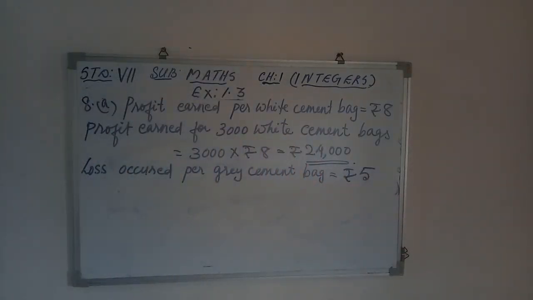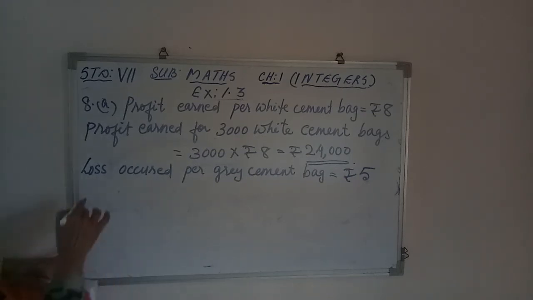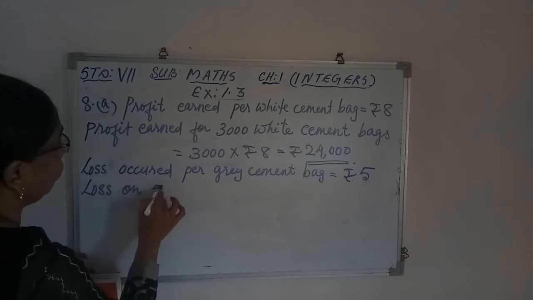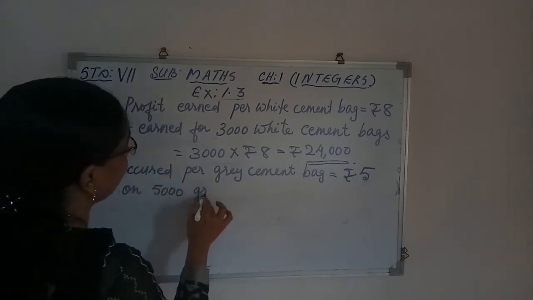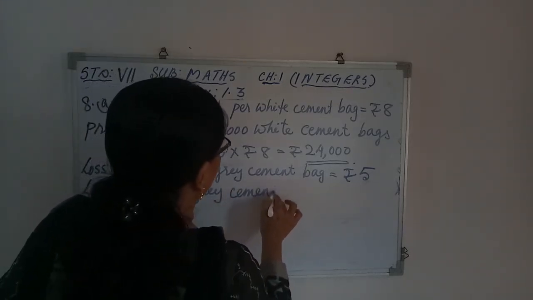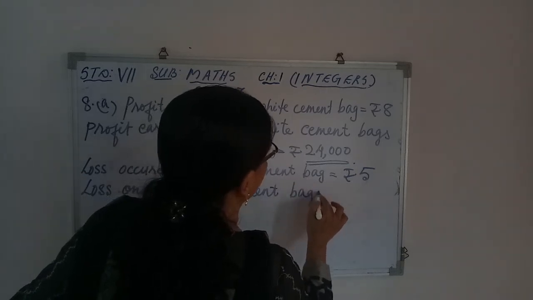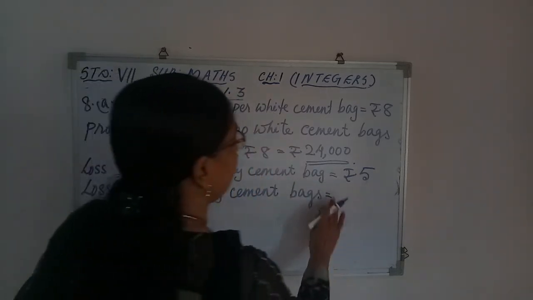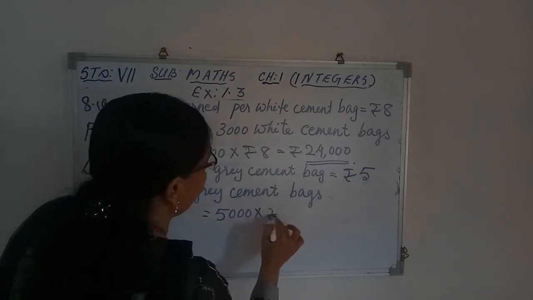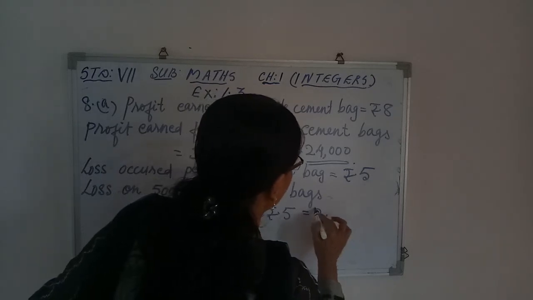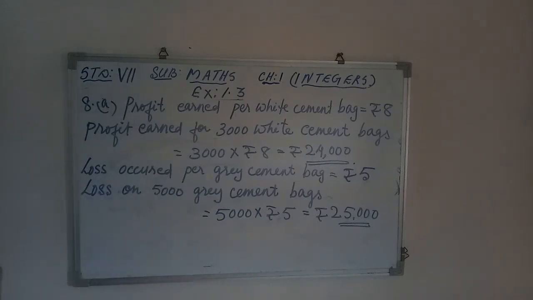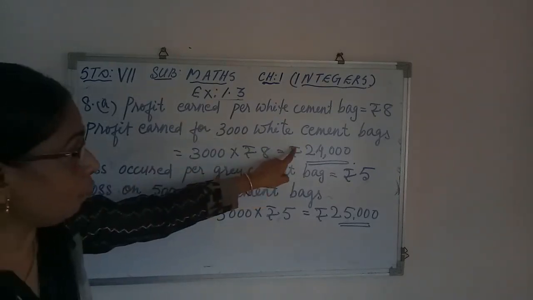Then how many grey cement bags are sold? 5,000. So the loss on 5,000 grey cement bags, how will you find out? 5,000 multiplied by rupees 5, that's equal to rupees 25,000.